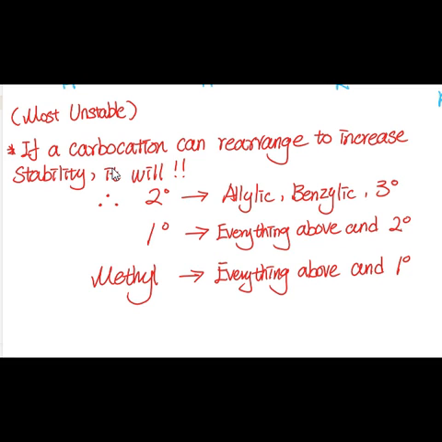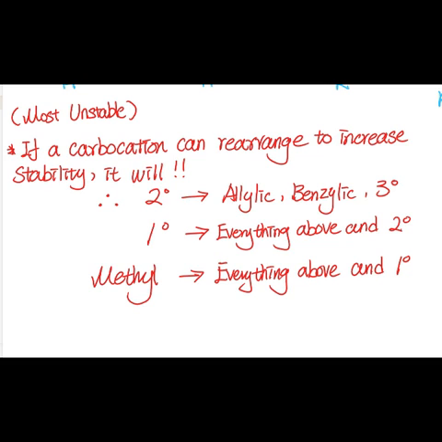Same goes for the primary carbocation intermediate. If it can become an allylic, a benzylic, a tertiary, or a secondary carbocation intermediate, it will change itself to become any one of them, if it can. And then lastly, we have the methyl.